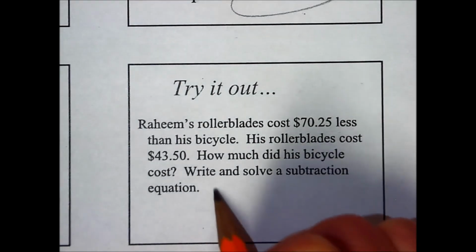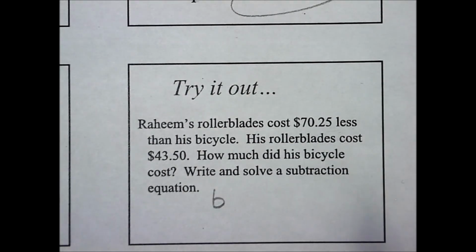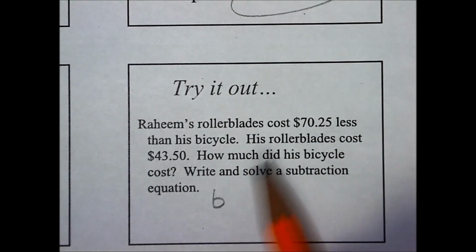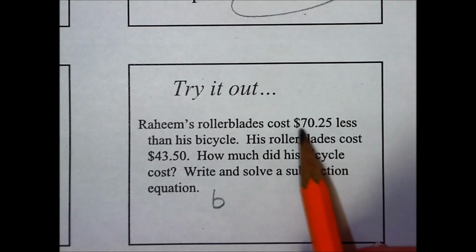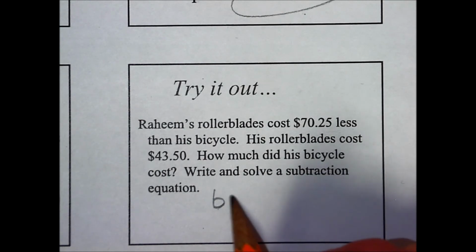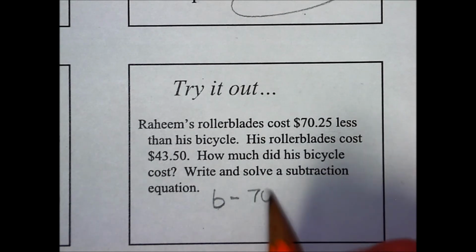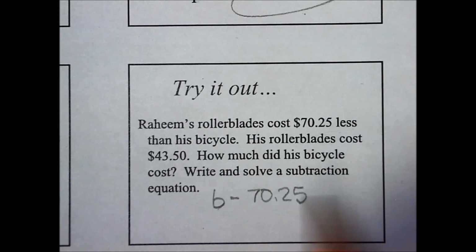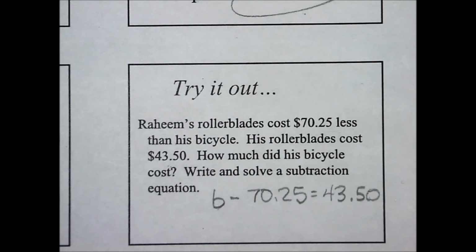So I'm going to use B for the cost of the bicycle. And the rollerblades were less than the bicycle. So the cost of the bike minus the $70.25 will give me the cost of those rollerblades. So by solving this equation, I'll know how much that bicycle cost.